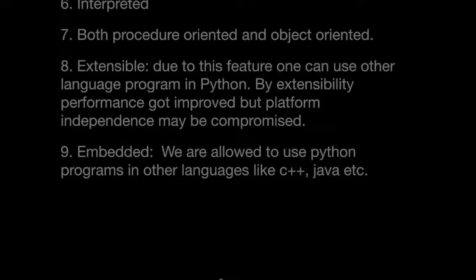Python is extensible. Due to this feature, one can use programs of other languages in Python. By extensibility, performance improves, but platform independence may be compromised. Python is embedded. You are allowed to use Python programs in other languages like C++, Java, etc.